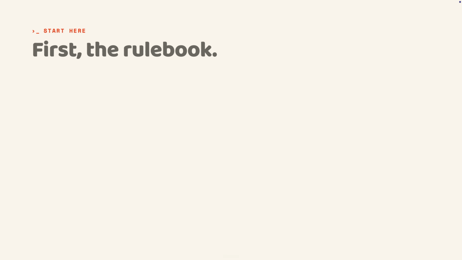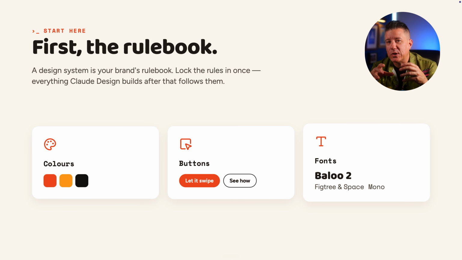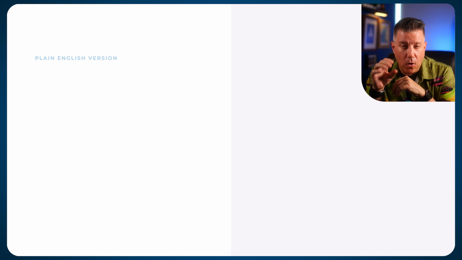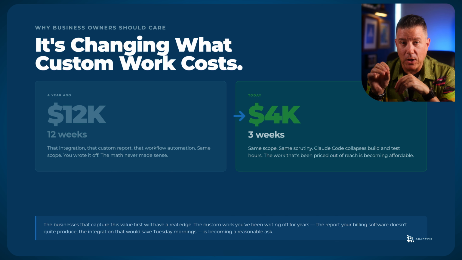First, we need to set up a design system. What's a design system? Well, it's the rule book for your brand. It's your colors, it's how your buttons look, it's your fonts. Once Design has those rules locked in, everything it builds is going to flow from them. In fact, if you've been watching this series since the first Claude video we did a few weeks ago, all those blue infographics we made were built by Claude Design.